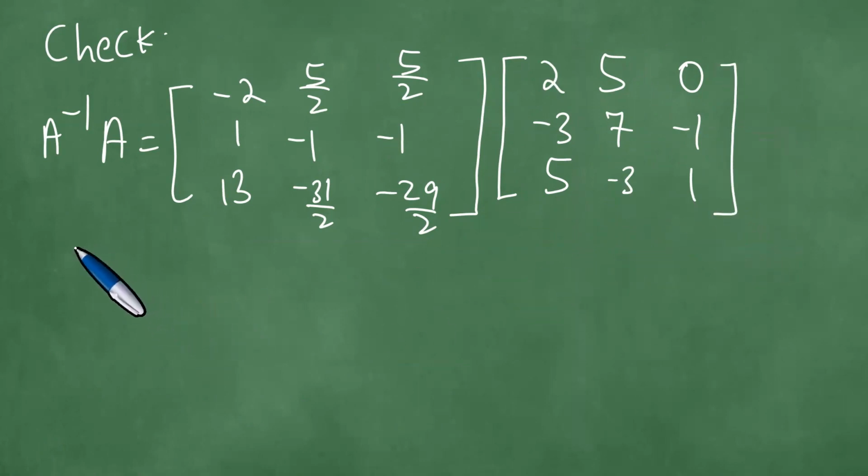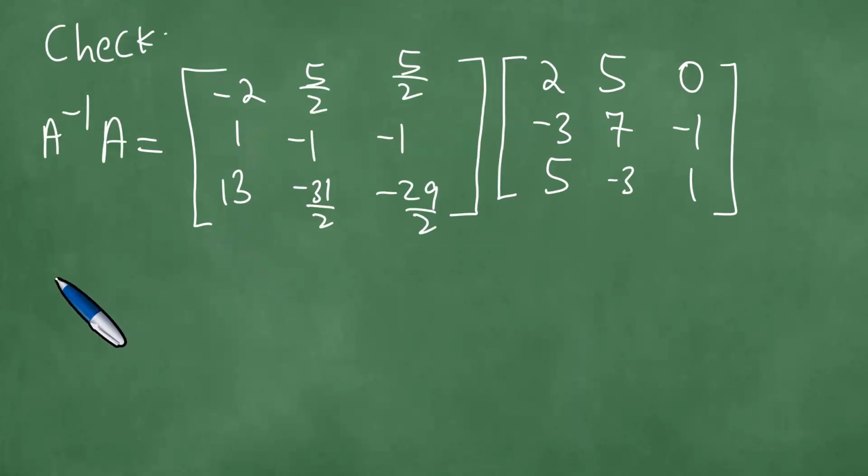Like this. So you have, therefore, this one is A inverse times A. Right, so you continue to multiply these matrices.